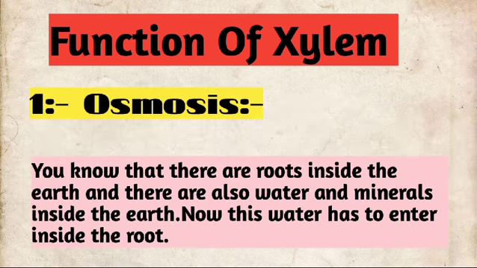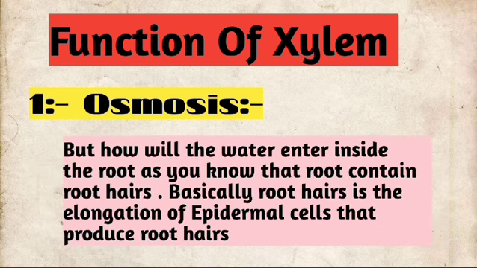You know that there are roots inside the earth, and there are also water and minerals inside the earth. Now this water has to enter inside the root. Now the question arises: how will the water enter inside the root? As you know, roots contain root hairs.